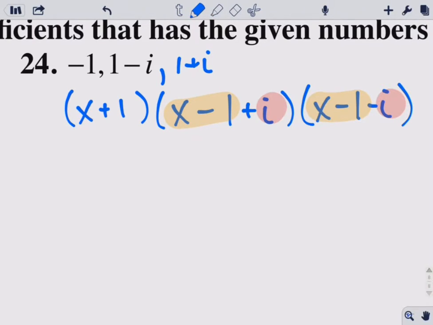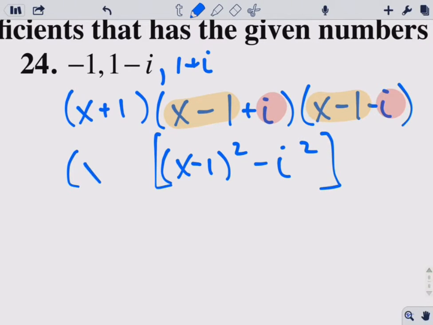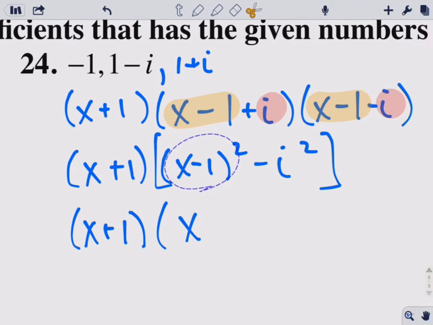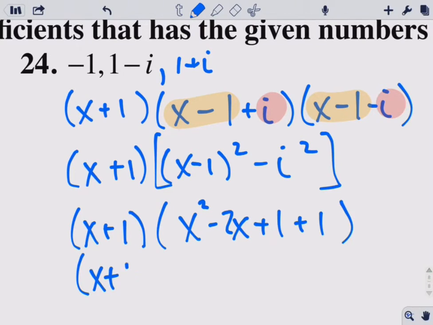Conjugates multiply a certain way. They multiply like that. Okay, and I still have the x plus 1. With the x plus 1, this stuff follows our special pattern that we've covered, I think, twice already in this packet. Negative i squared is positive 1. So you get x plus 1 times x squared minus 2x plus 2.